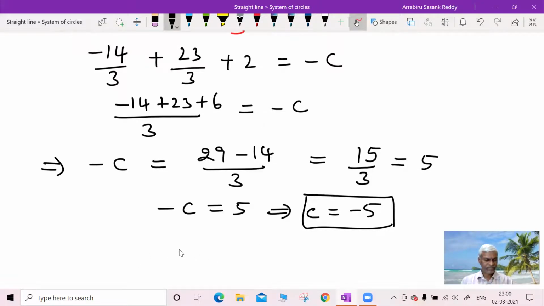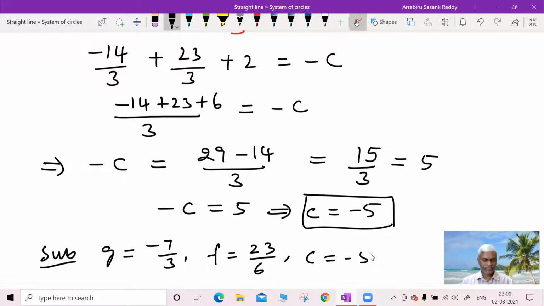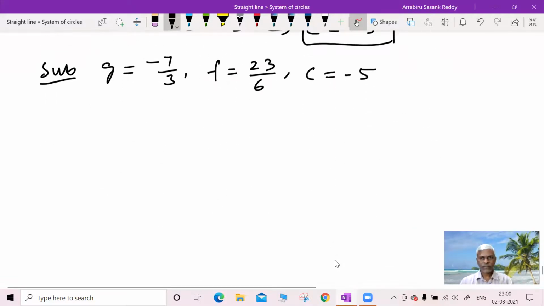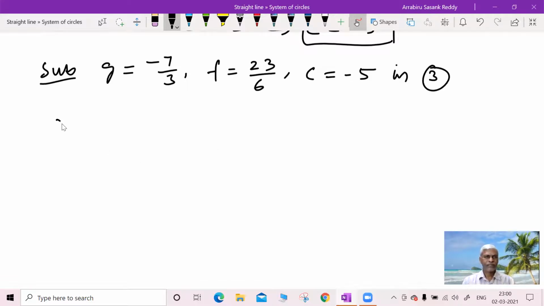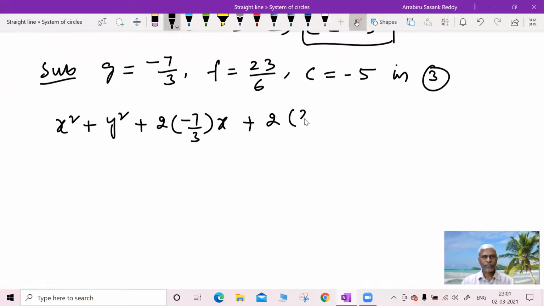So substituting in the given equation, substituting G minus 7 by 3, F minus 23 by 6, C value minus 5 in general equation 3, we get the required equation of the circle: x square plus y square plus 2G x plus 2F y plus C, with C value minus 5.